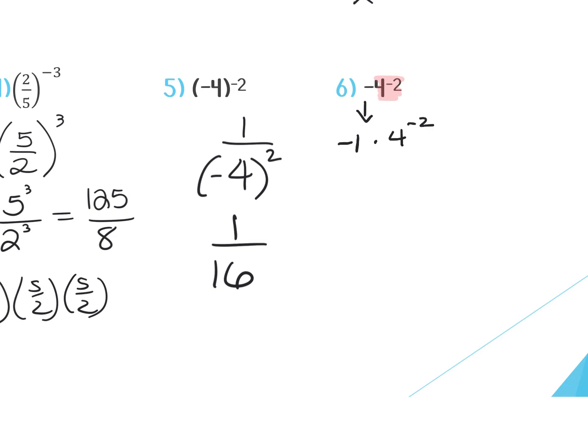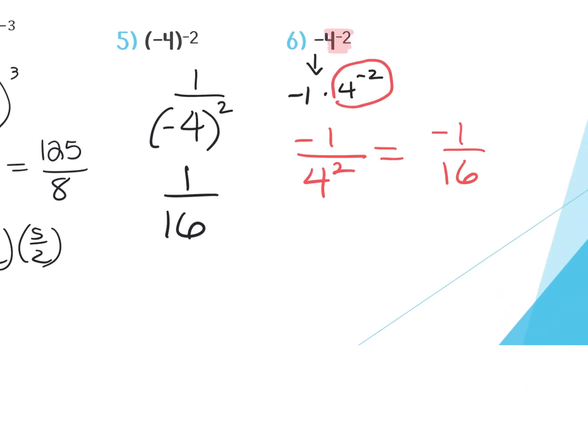And then we can, again, take the 4 to the -2 power. It's going to go to the denominator, and then we can simplify. So -1 over 16.